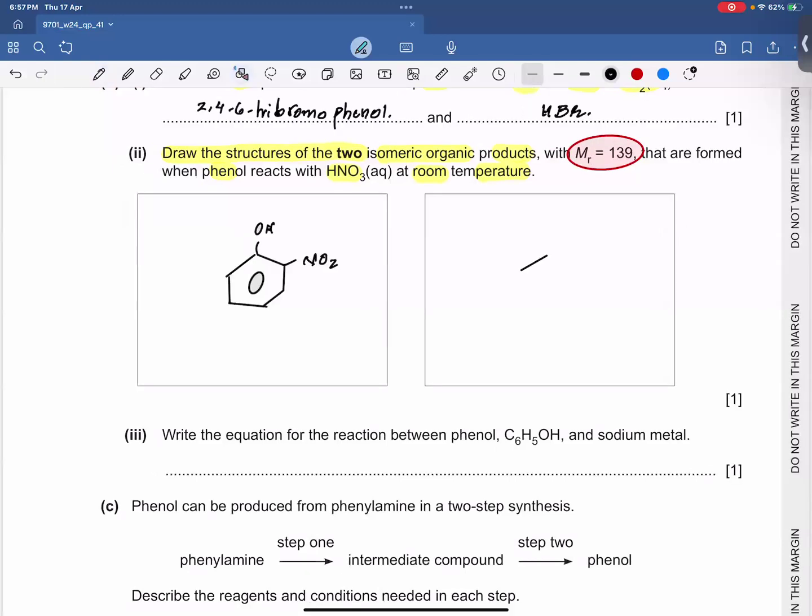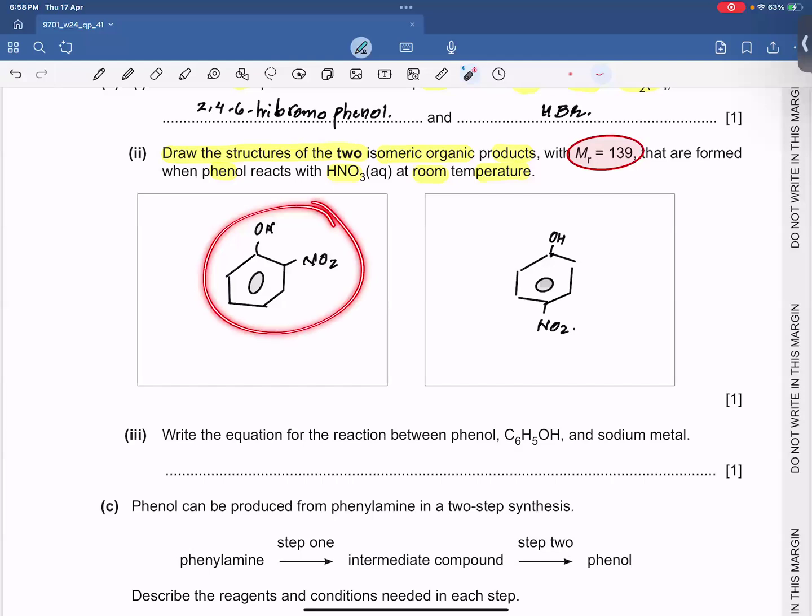And the other one is para product. My bad. This is OH and this is NO2. Let me check MR सही आएगा या नहीं. Benzene has a mass of 78, तो 76 करो because 2 hydrogen चले गए. 17 add करो plus 14 add करो plus 32 add करो. So it's 139. Perfect. So both of them are isomers of each other, and both of them have an MR of 139.